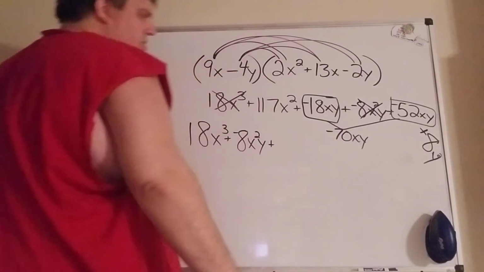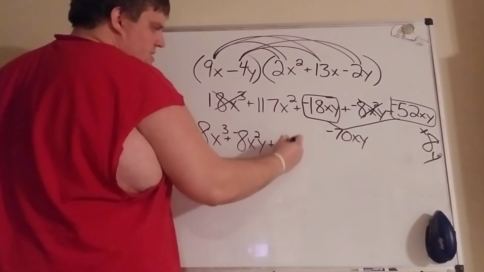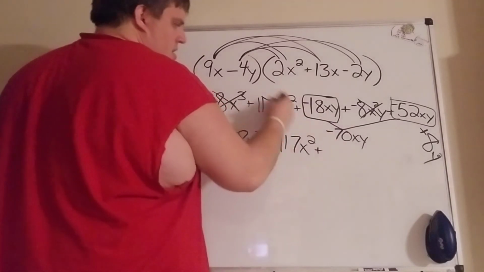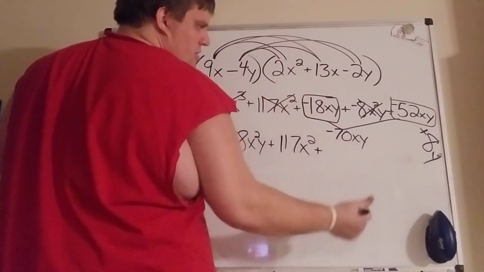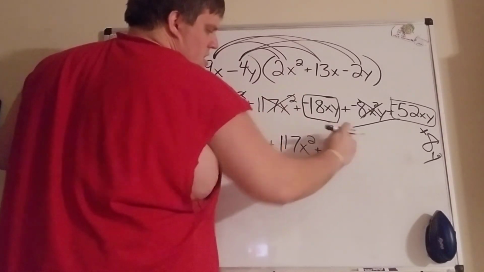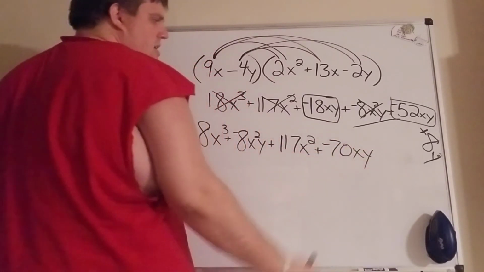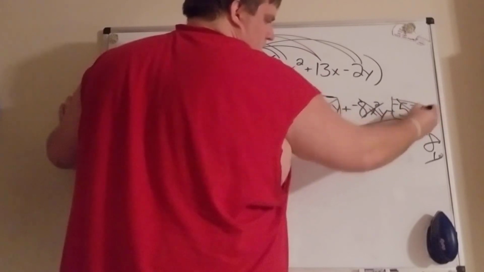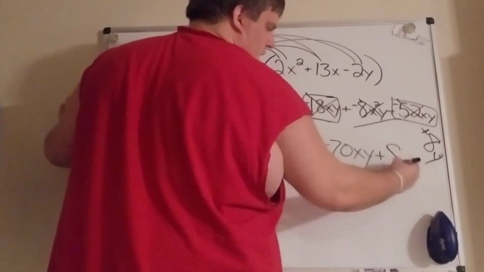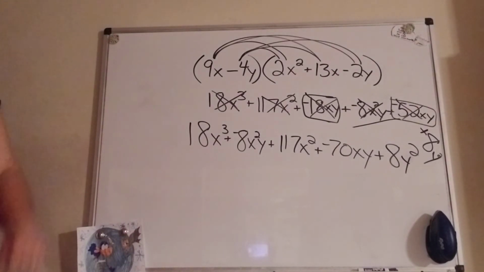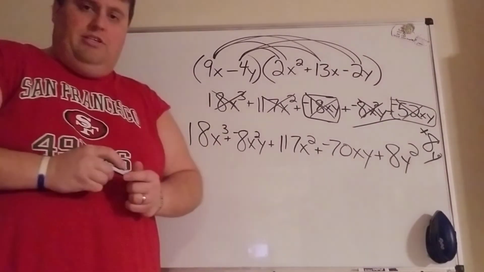And then we're down to degree 2, so we'll go 117x squared. And then negative 70xy. And lastly, 8y squared. And we're not going to be able to simplify that any farther than that as we multiply. We can't add any more like terms.